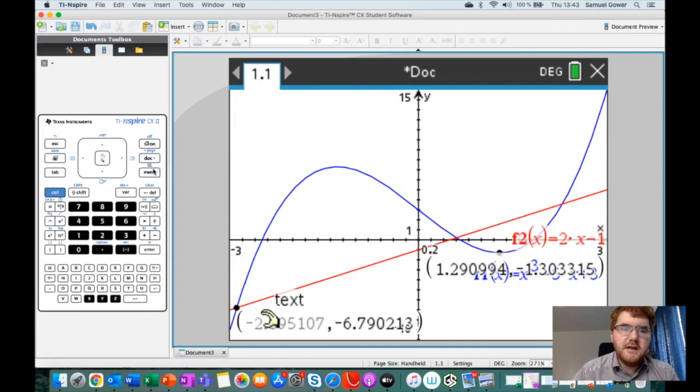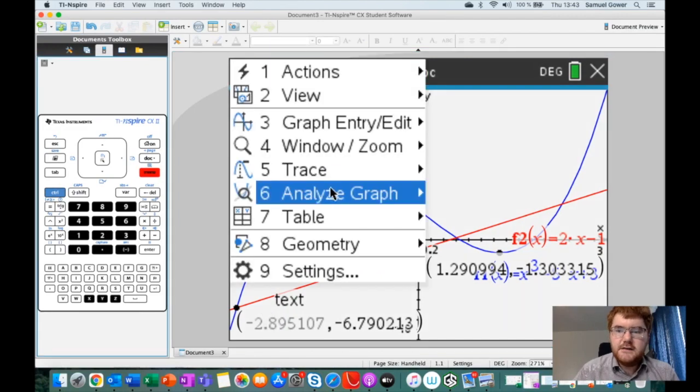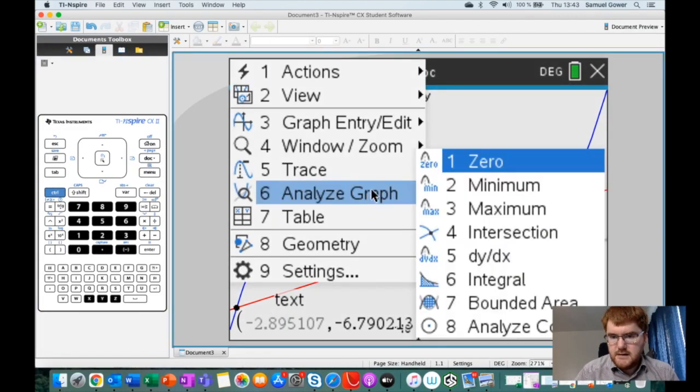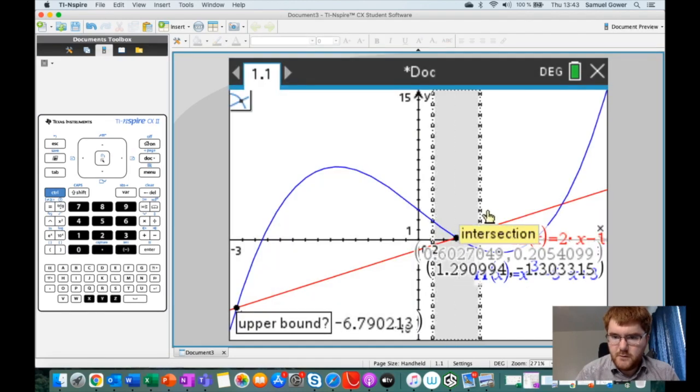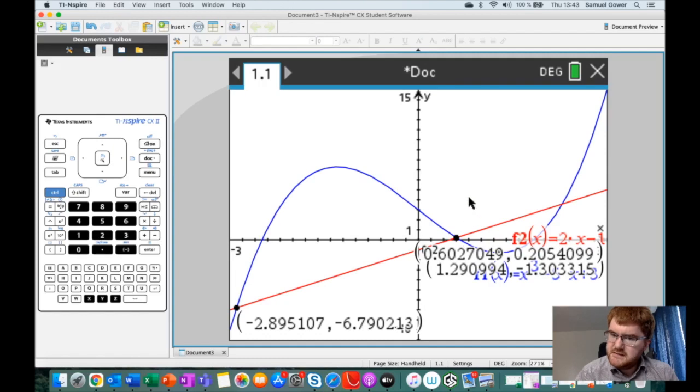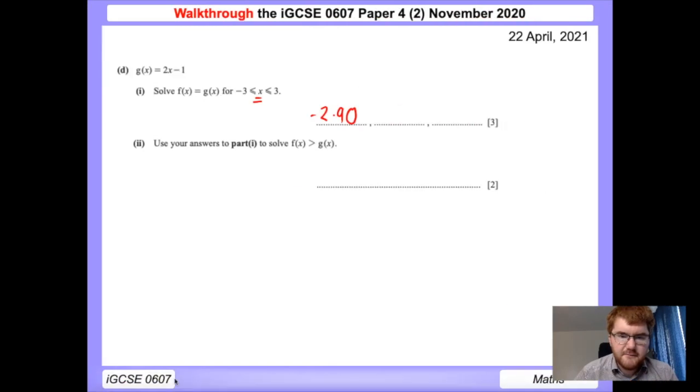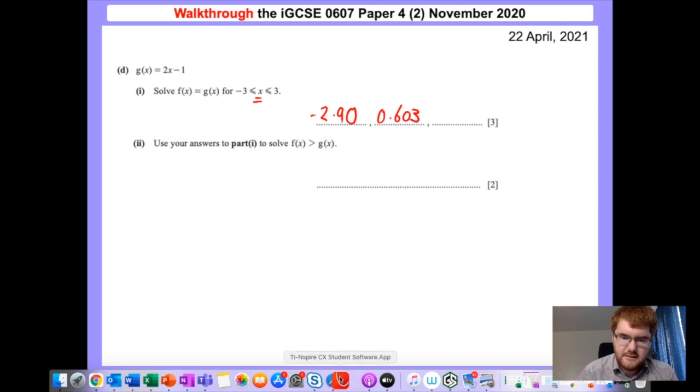So we go Menu, Analyze, Intersection. We click before, we click after, and this time we get 0.603. Again, be accurate with that, 3 significant figures. So 0.603. Let's go back again.